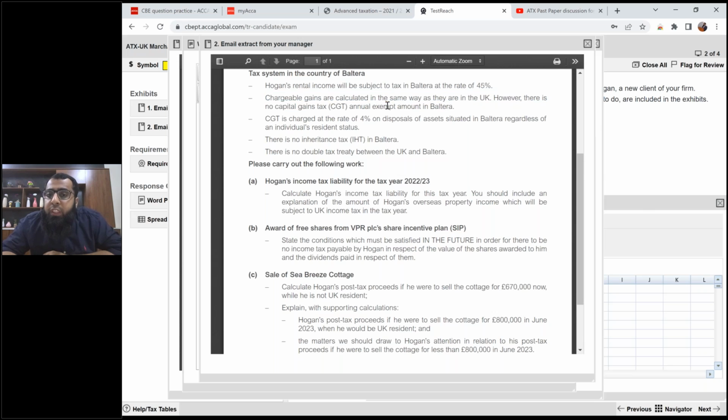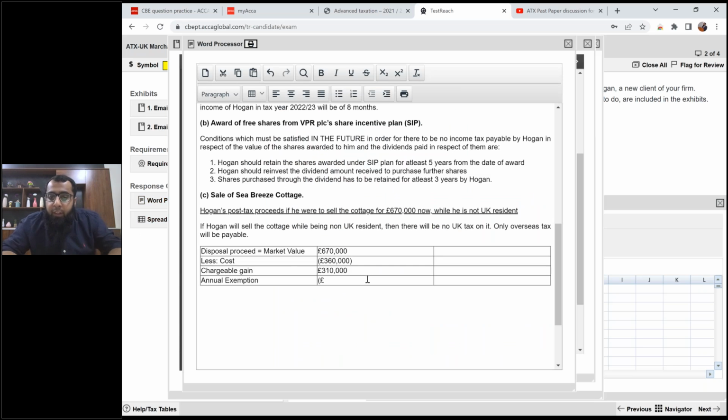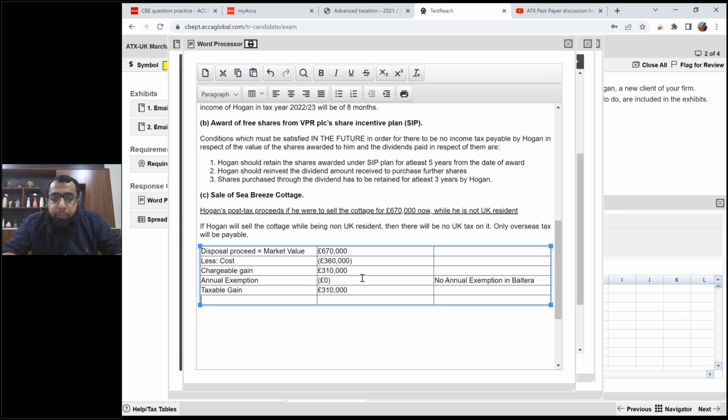However, there is no CGT annual exemption amount in Baltira. So the taxable gain is 310,000.